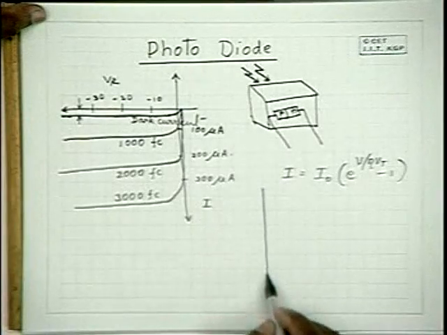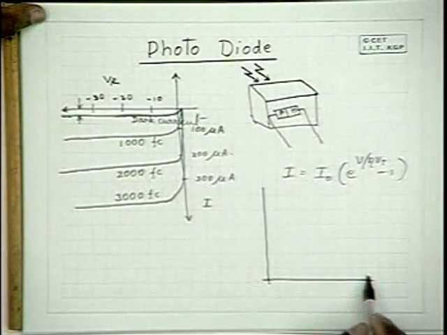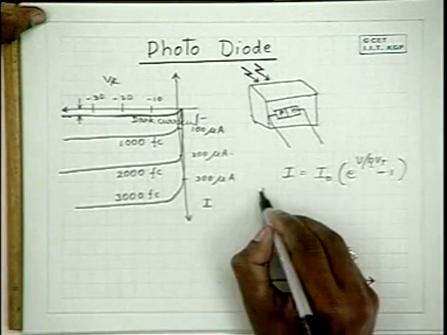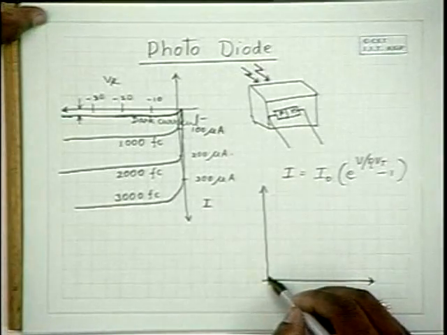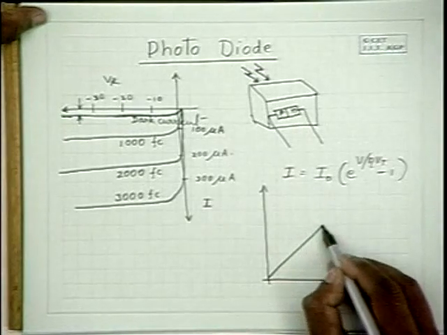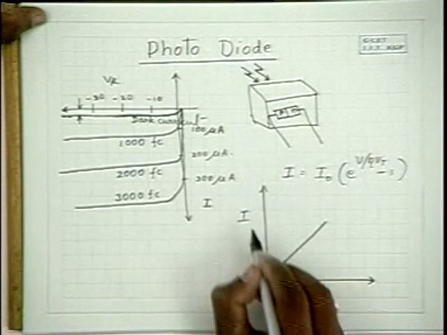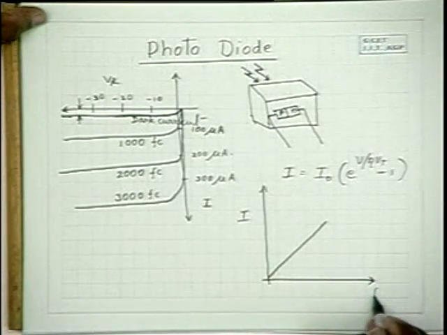Now, if you plot the current versus the intensity of the light, the characteristic is almost proportional to the light. The current is proportional to the light intensity in foot candles.